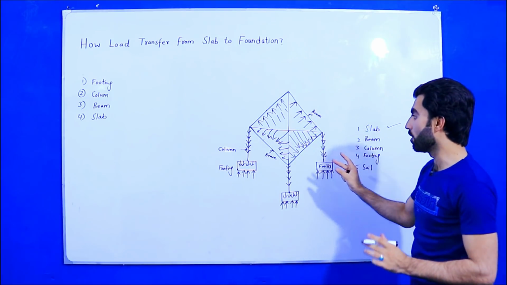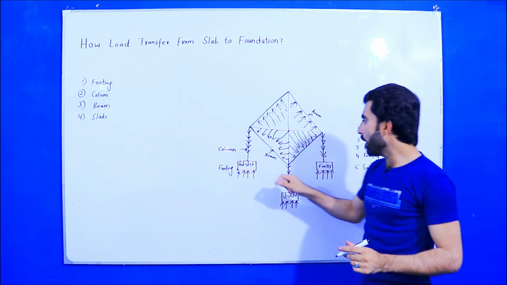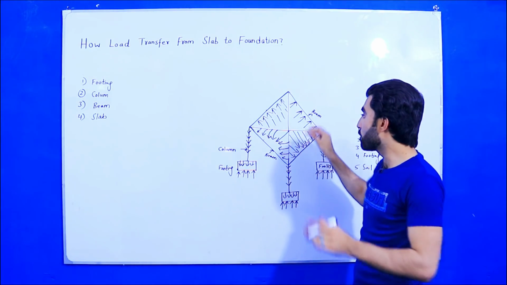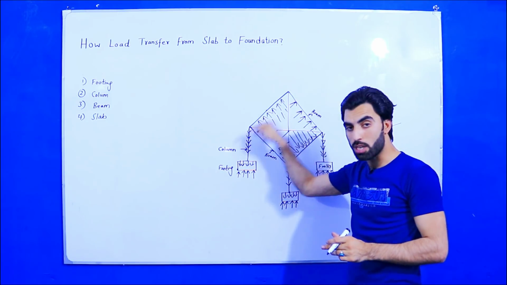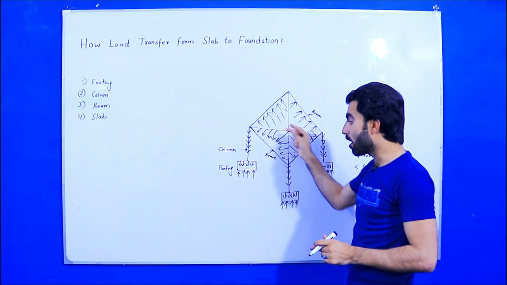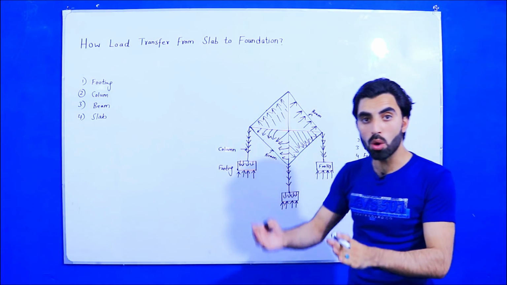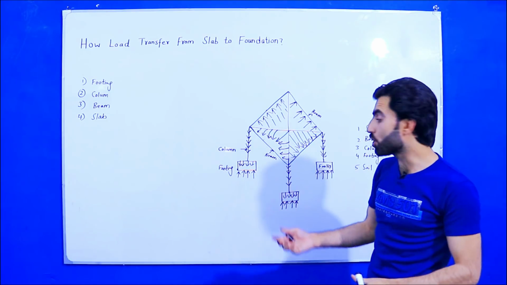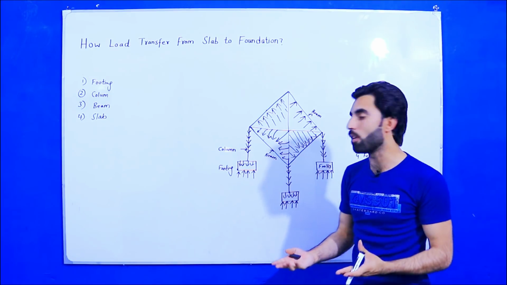Now, guys, we have a small question. When the slab distributes the load to the beam, the beam transfers the load to the columns, the columns transfer the load to the footing, then the footing transfers all the load safely to the foundation. So in soil we make the foundation.